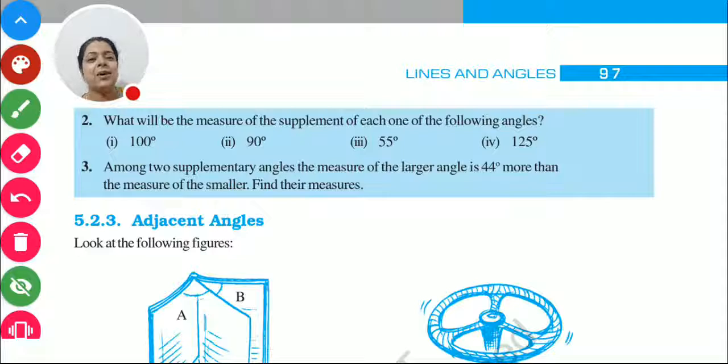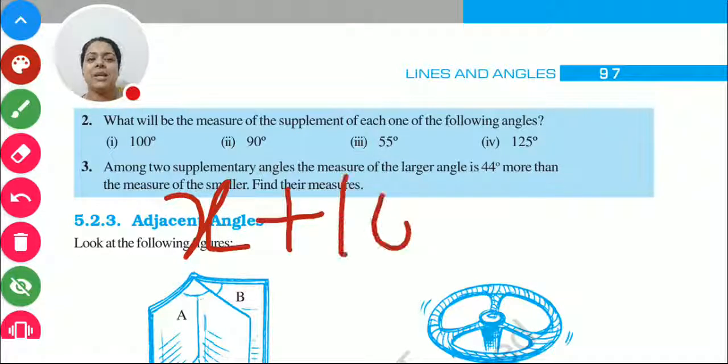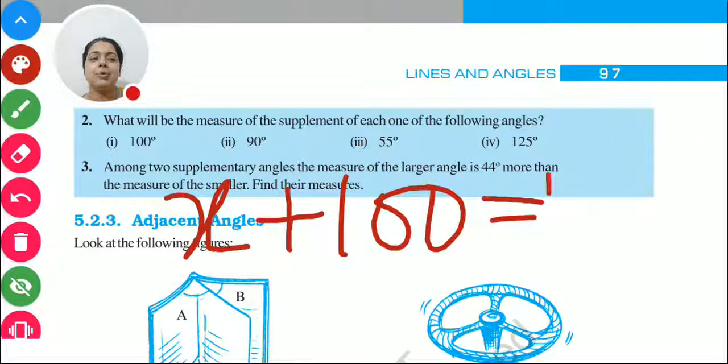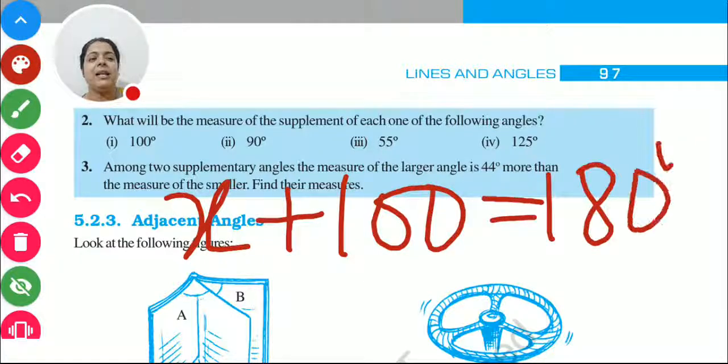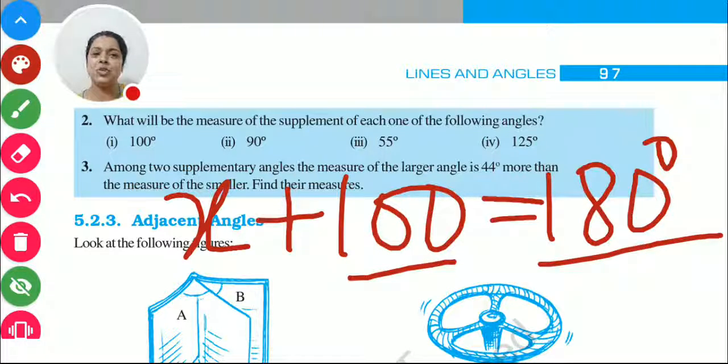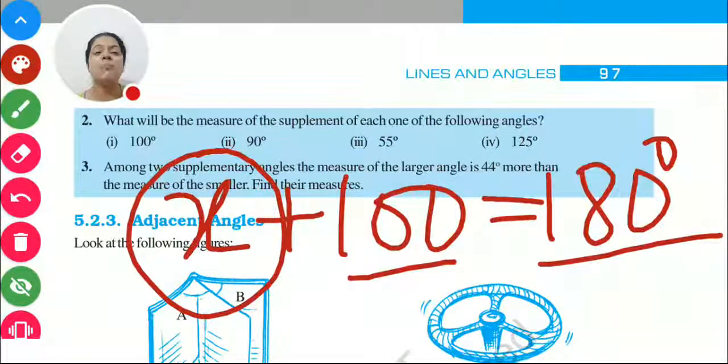One angle is x and another angle is given as 100, and the sum total is supposed to be 180 degree. Because one angle is given, the total sum should be 180 degree, and from chapter 4 you have gone through simple equations and you can easily solve it.